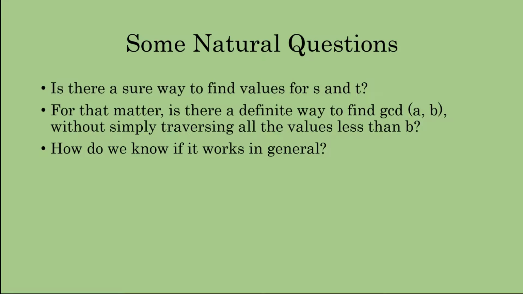And for that matter, is there a definitive way to find the GCD, the actual value of the greatest common divisor of A and B, without simply traversing all the values less than B? And thirdly, how do we know if it works in general? I hope to answer these questions in today's video, in the next few lessons.